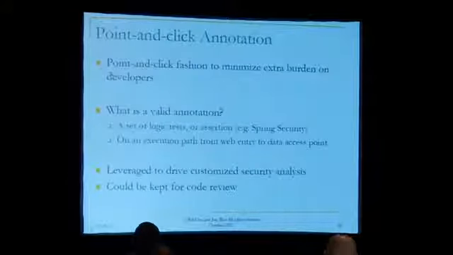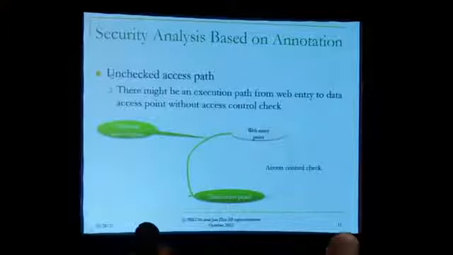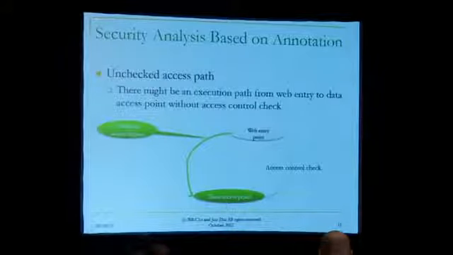So let me give you an idea of what sort of analysis you could do with this additional information that you couldn't easily do with current static analysis tools. Imagine this example; I'll give you a concrete code example later on. You have some kind of web entry, and then it goes to some database access. Then you ask the developer, where is your access control check, for example, or CSRF protection for that particular update?